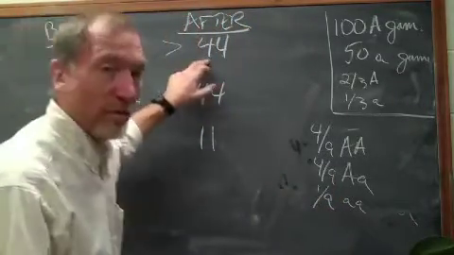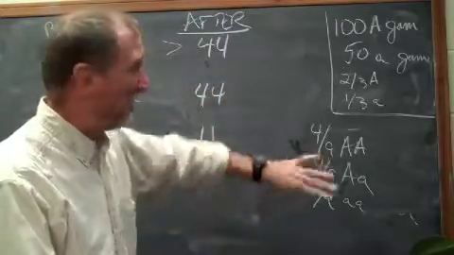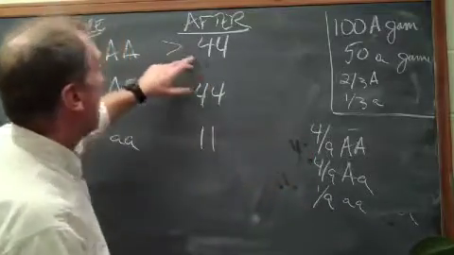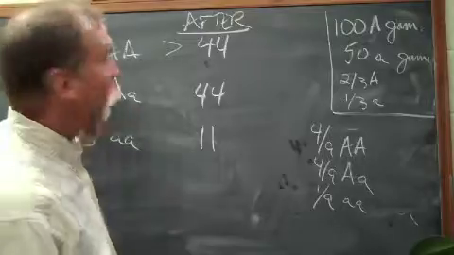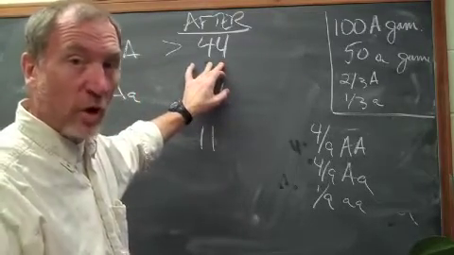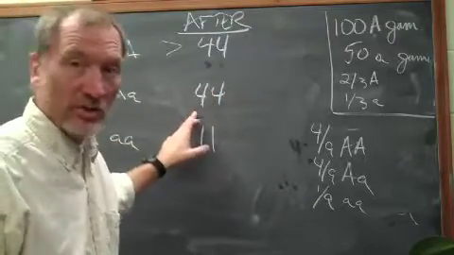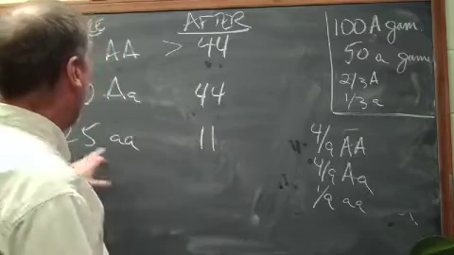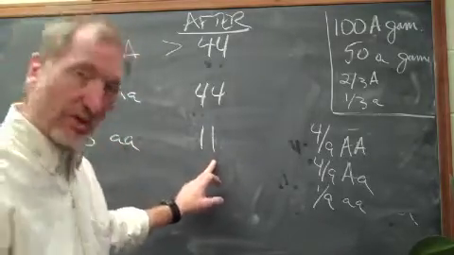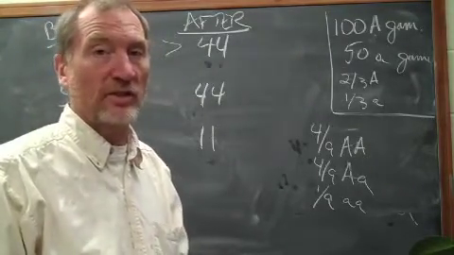Out of a population, this time out of 99, because it was easier to do divisions by 9, we had, instead of 25 individuals, 44. So it really jumped up in terms of the homozygous dominant type. And then the heterozygotes declined a little bit, and the homozygous recessive really tanked, which you'd expect as a result of selection against the homozygous recessive types.